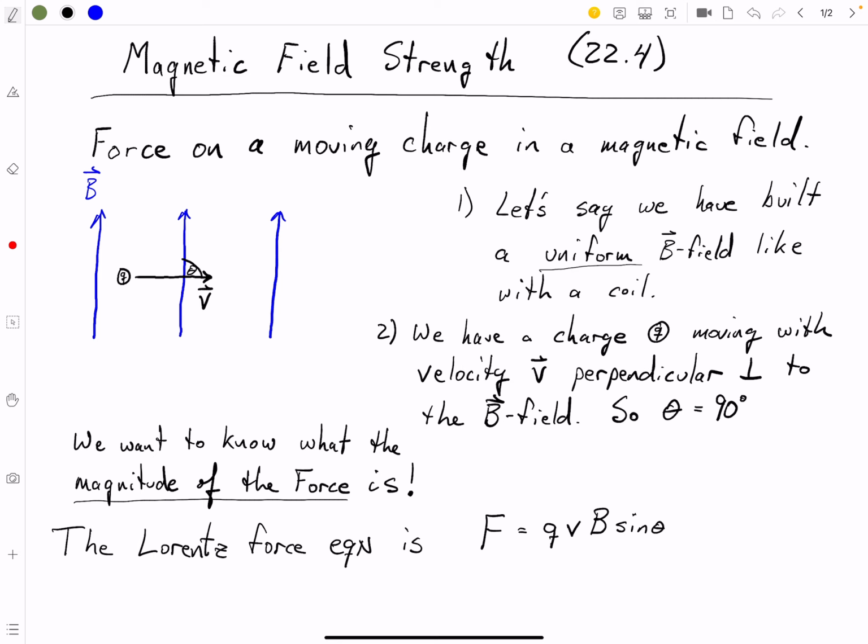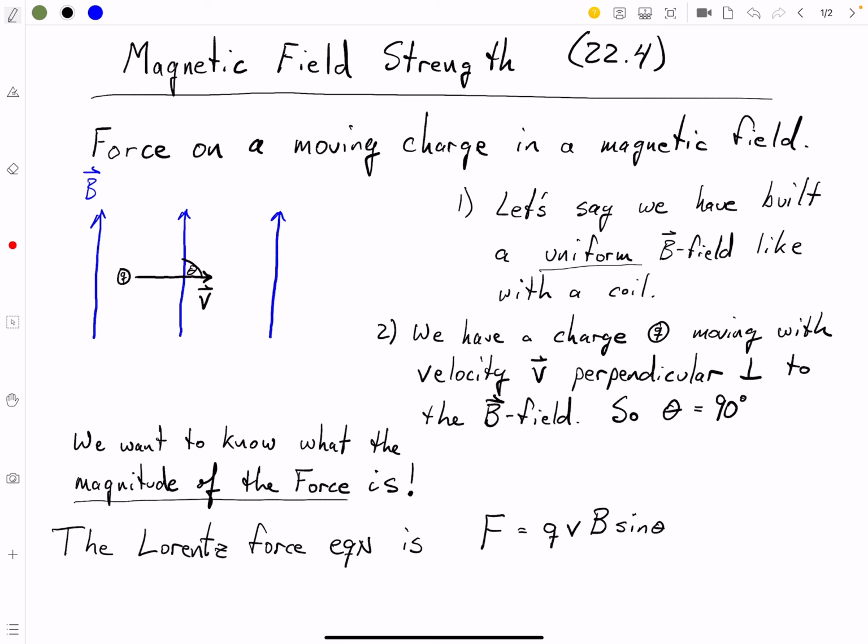So however we've done it, we've created this uniform magnetic field here in the figure, and we have a charge, Q. This little charge Q moving with some velocity V perpendicular to the B field so that the theta angle is 90 degrees.